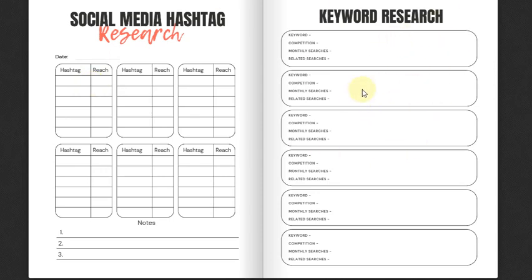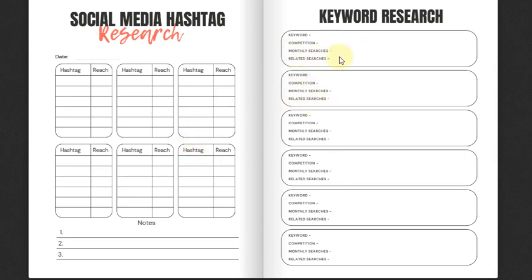Next, you want to think about keywords. Now, keywords can sometimes be related to your hashtag. So sometimes hashtags and keywords can be the same thing. But what you want to do with your hashtags and your keywords is make sure that you're doing research so that you can, number one, know what the competition is. Is it high? Is it low? Is it somewhere in the middle? Because if you have low competition, that is going to give you an opportunity to stand out for that particular hashtag.